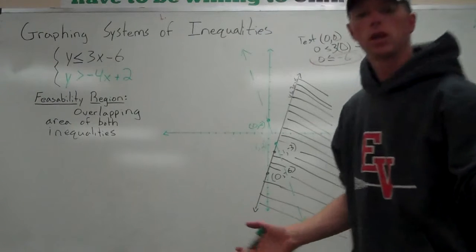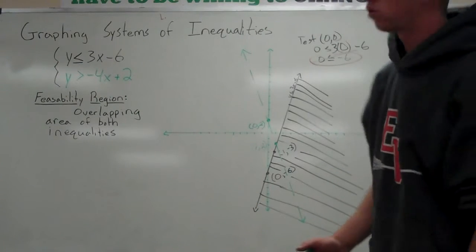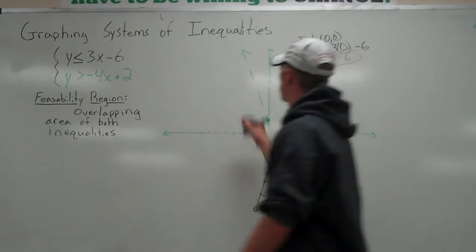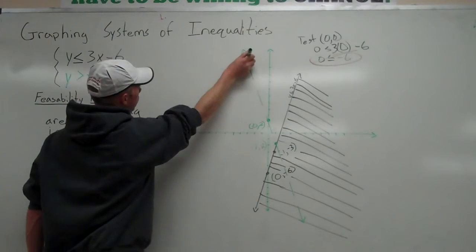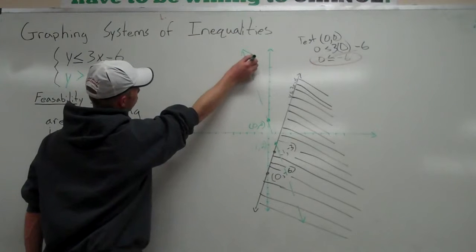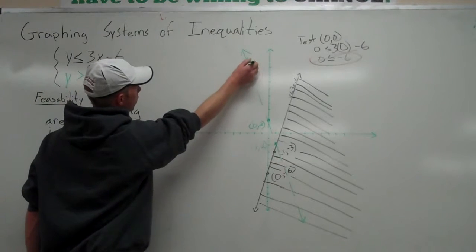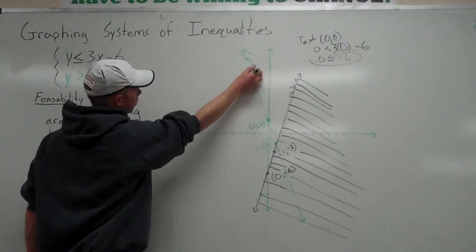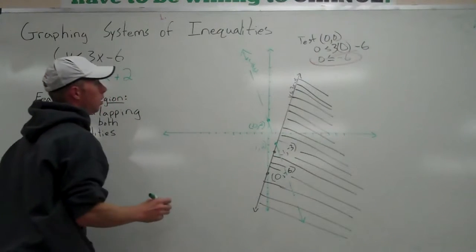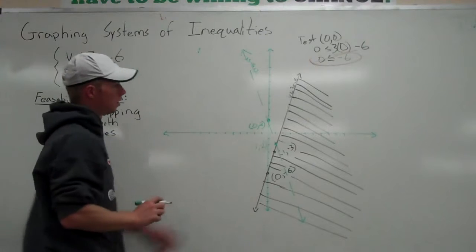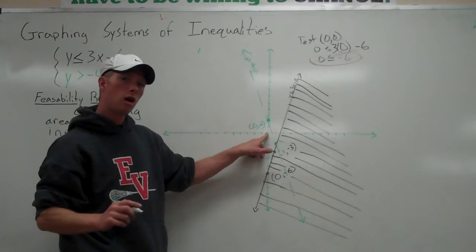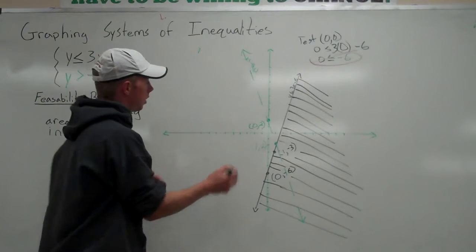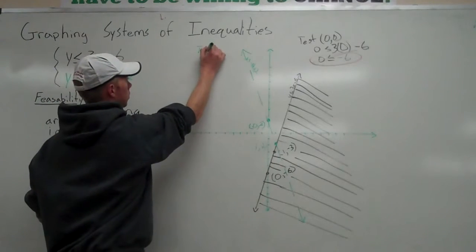Now that I have my dashed line, I need to test a point for my second inequality. Y is greater than negative 4x plus 2. And we're going to test 0, 0, which is still not on this line, it's to the left. So we're going to test 0, 0 again.